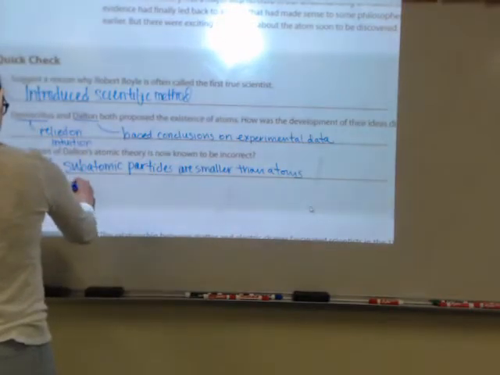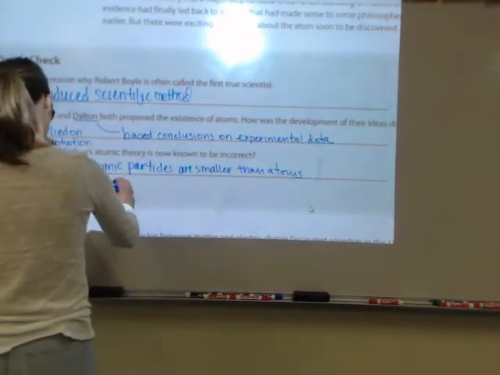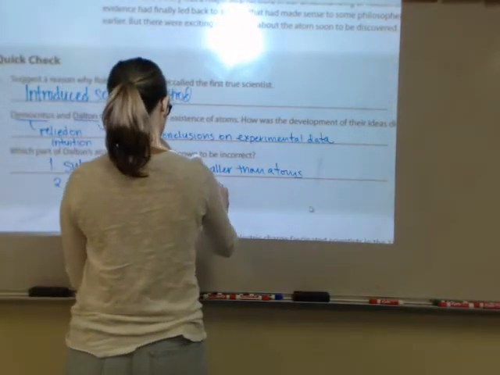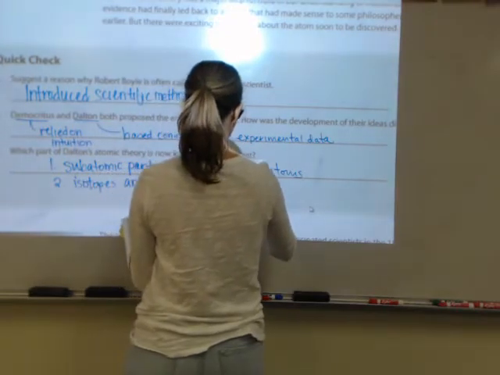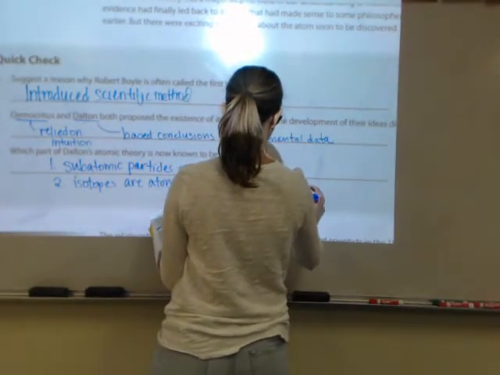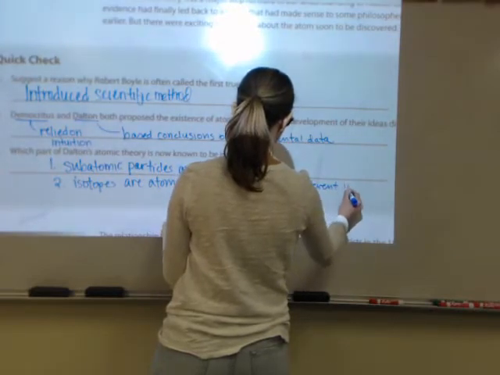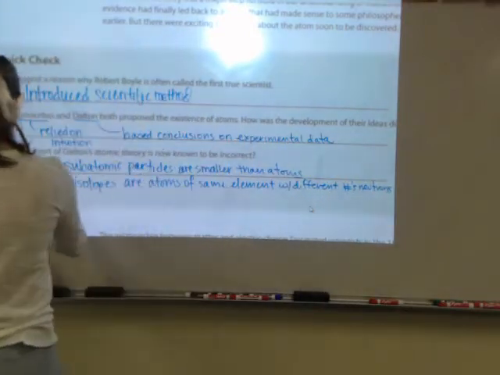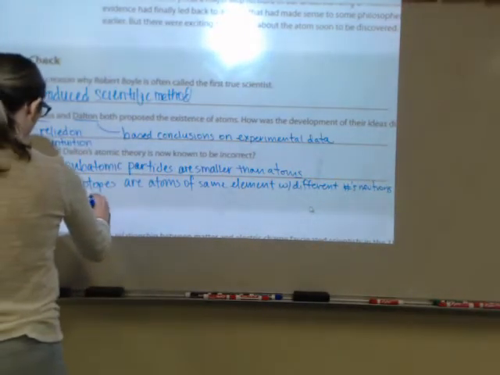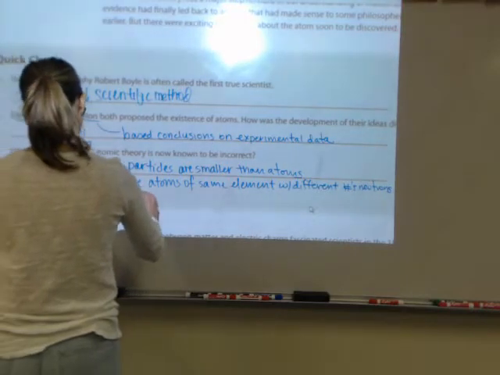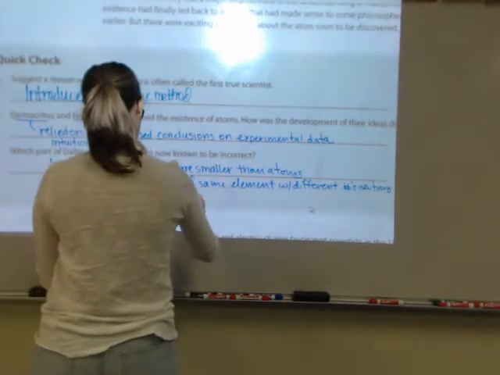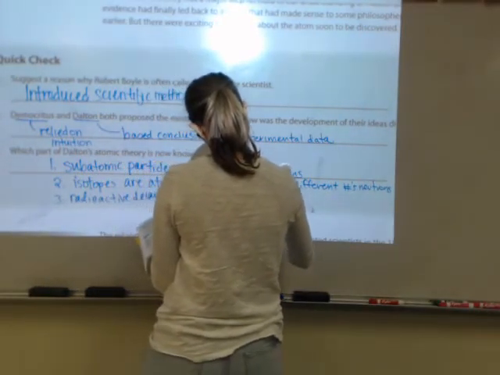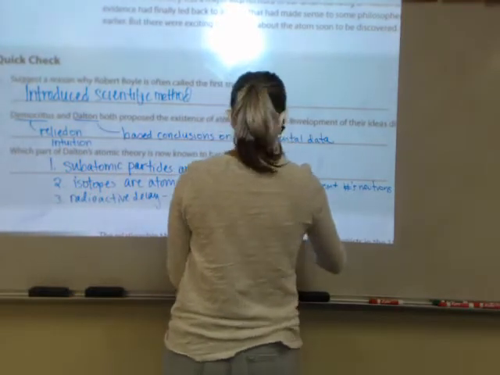Number two, isotopes are atoms of the same element with different numbers of neutrons. And then number three, when we look at radioactive decay, it may create or destroy atoms. Which is kind of cool.